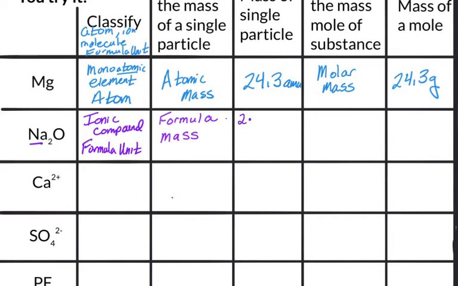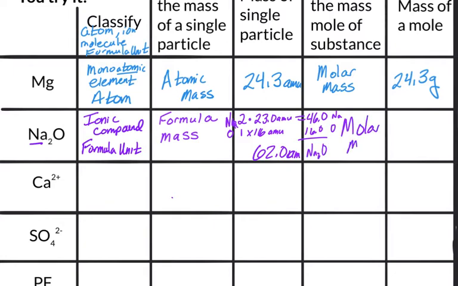So we have 2 sodiums, each at 23, so that's a total of 46 AMU, plus the oxygen, which is just O, which is 16 AMU, for a total of 62 AMU. Now the name of a mole of this substance, if we had a mole of it, would be called a molar mass, and that mass will just be 62 grams per mole.